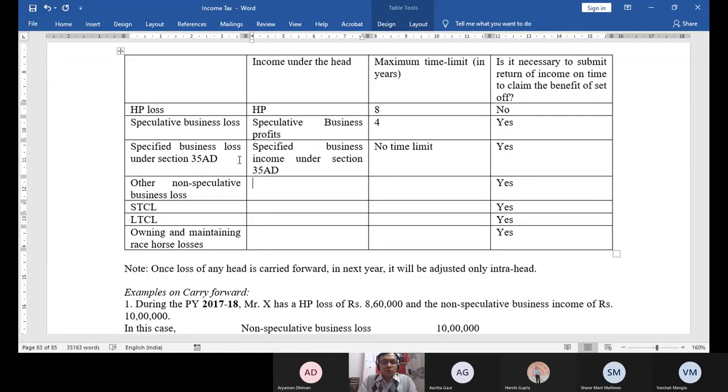Other non-speculative business loss, it can be adjusted against, that is excellent, any head.